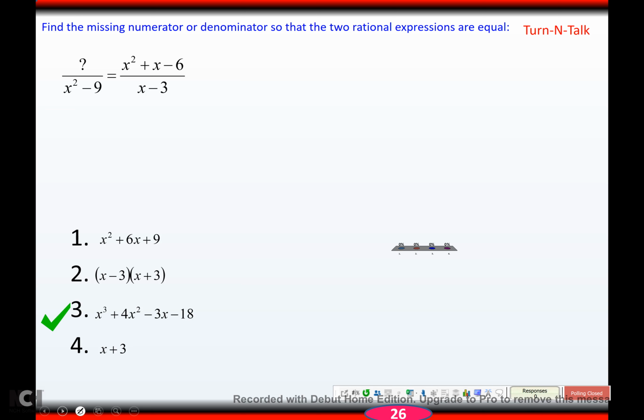And hopefully you got number 3. If you did not, let's look at why. Okay, I'm going to factor everything. Obviously, the question mark can't be factored. This bottom is difference of squares, so it's going to be binomials, plus and minus, x plus 3, x minus 3.